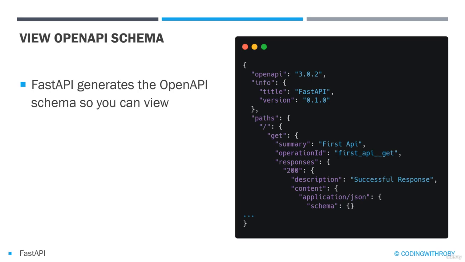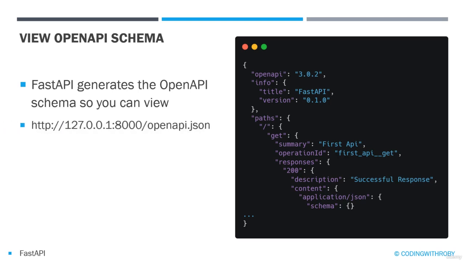Within the paths, we only have one API, which can be seen as an empty string and a GET request method. The summary is first API, which we named the function this, with an operation ID of first API, and attached at the end is the request method, which is GET. We can also see the status code within the response is a 200 with a description attached as a successful response.